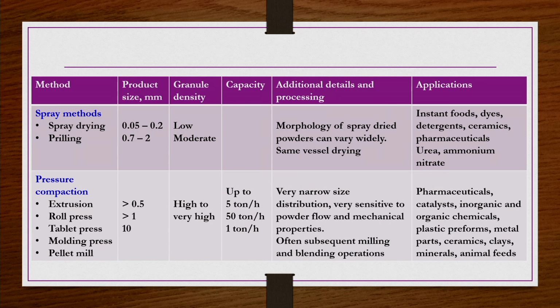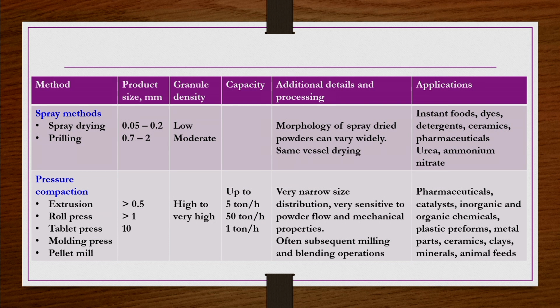The next method of size enlargement is the spraying method. Under the spraying methods we have spray drying and then prilling as well. Product size distribution by spray drying is between 0.05 to 0.2 mm, whereas for prilling the product size distribution is in general 0.7 to 2 mm. By using spray drying, one can obtain low granule density, but by using prilling, moderate density granules are in general obtained.